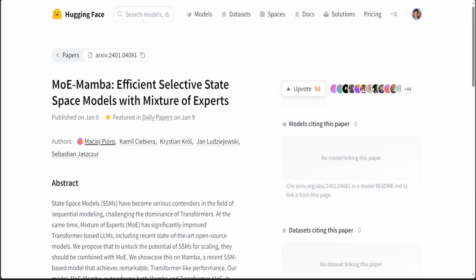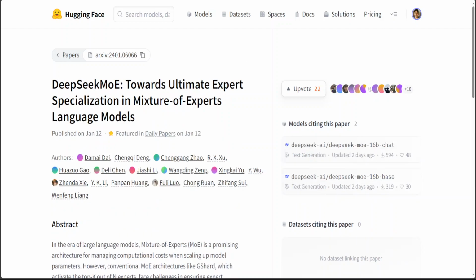The third and final model which I want to give a huge shout out to is DeepSeekMoE. This DeepSeekMoE architecture leads towards ultimate expert specialization. It involves two principal strategies. First, it finely segments the experts into mN ones and activates mK from them, allowing for a more flexible combination of activated experts.